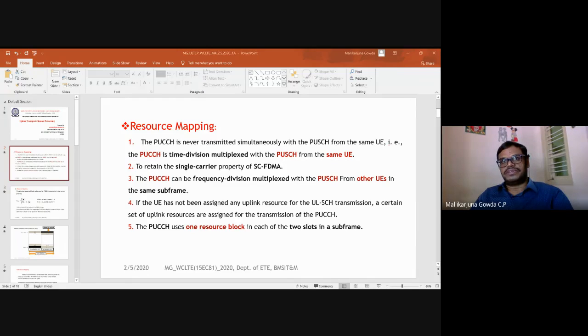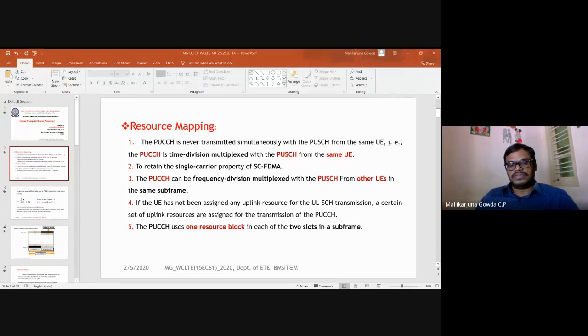That depends on the different PUCCH formats. If it is format 1, 1A, 1B, it uses some OFDM symbols of the PRB, and I said one PRB will be used for the PUCCH channel for demodulation of the reference signals.